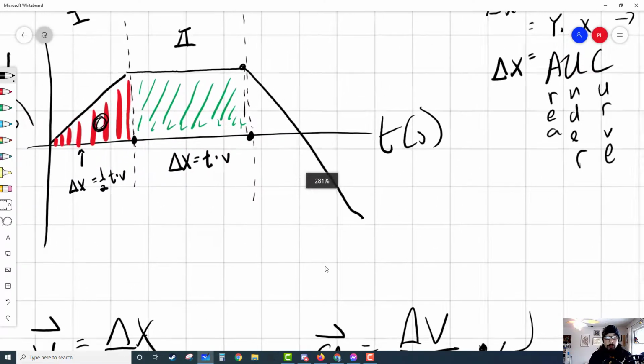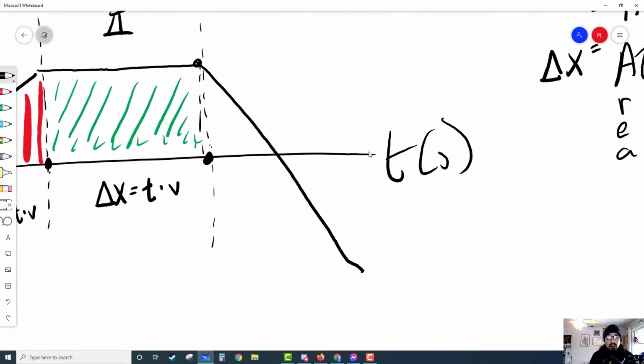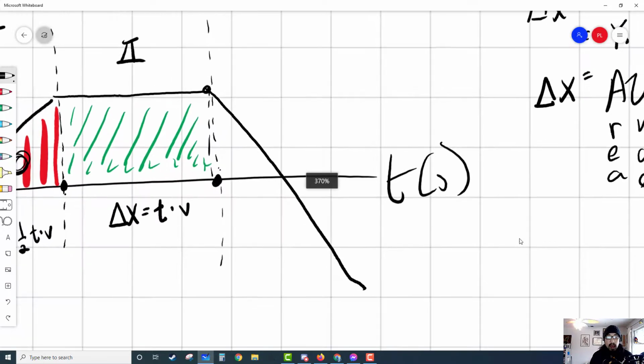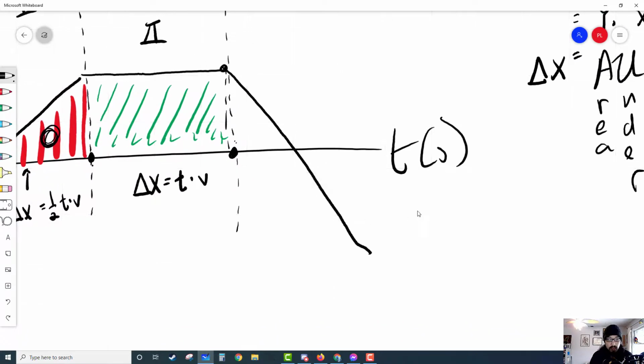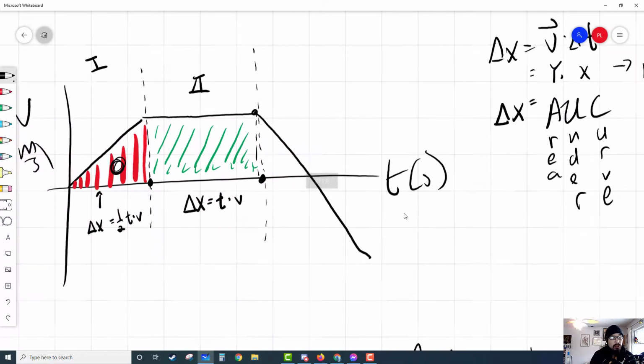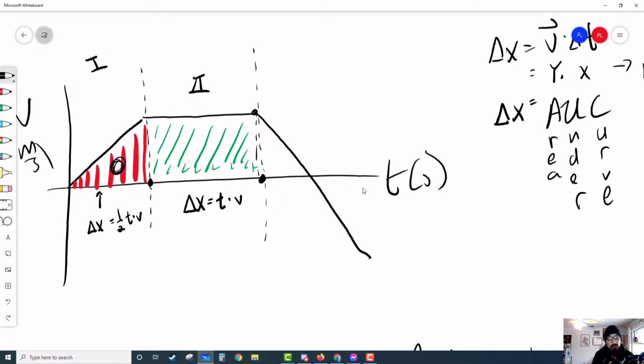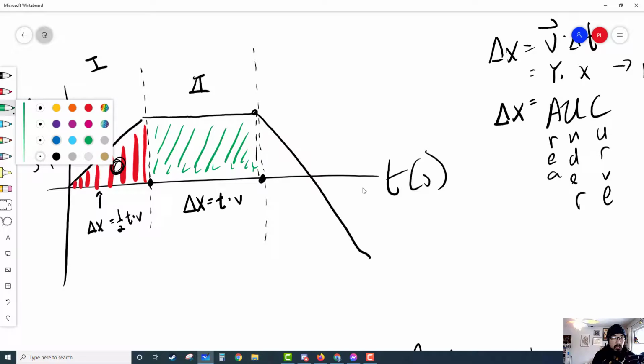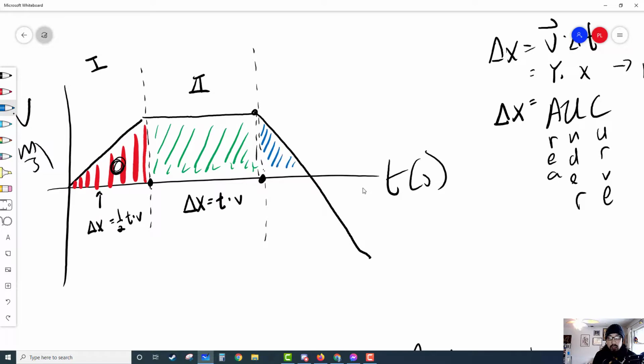Okay. All right. Now, part 3 is very unique. So part 3 has the curve going below the x-axis. So in order to find the displacement below the x-axis, you have to do something very unique and special. So the first thing is that we know how to find this area above the x-axis. Okay, that'll just be this triangle.